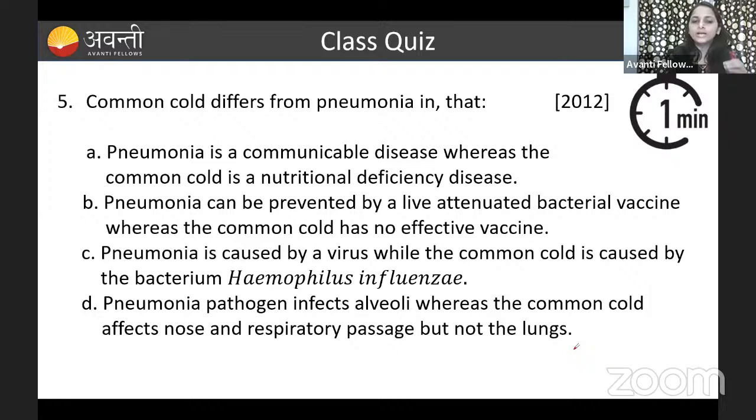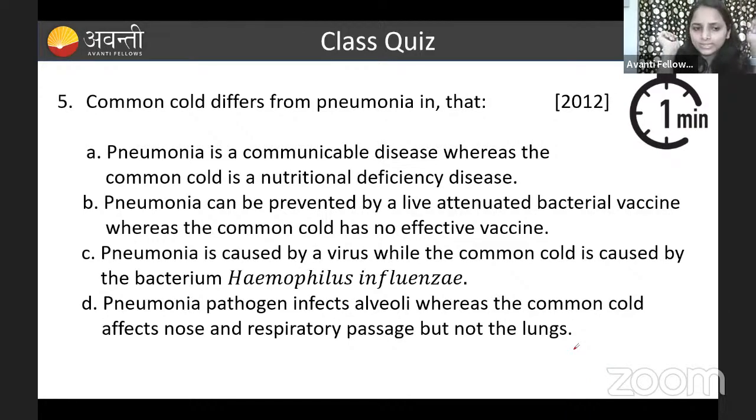How does the common cold differ from pneumonia? In option A, they are saying pneumonia is a communicable disease whereas a common cold is a nutritional deficiency disease. Coming to B, pneumonia can be prevented by a live attenuated bacterial vaccine, whereas a common cold has no effective vaccine.